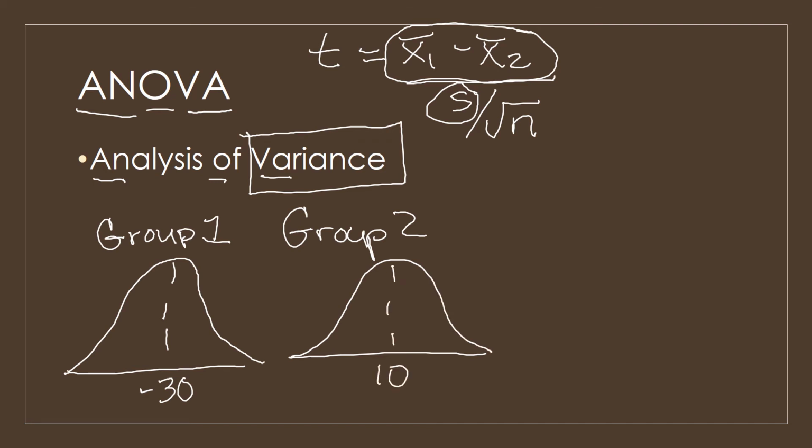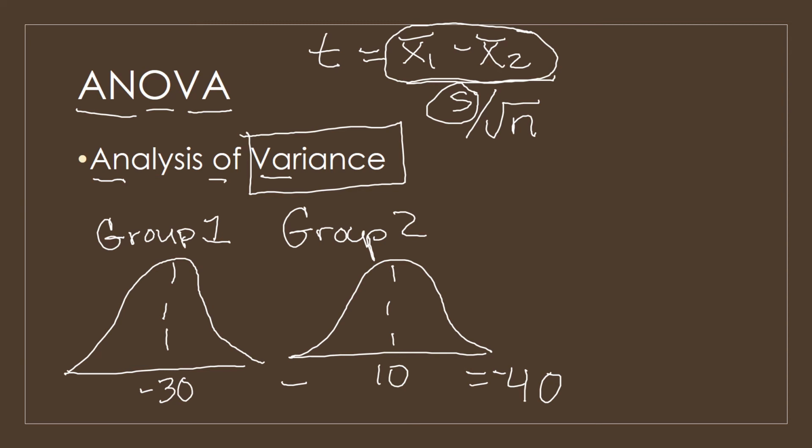So we could subtract this, right? And we have a difference here of negative 40. So from 10 to negative 30, that's a span of 40, right? And that was okay when we had a t-test.